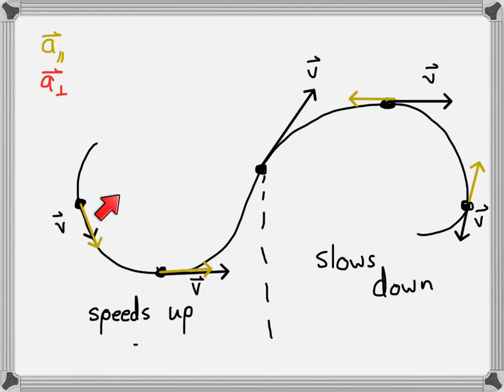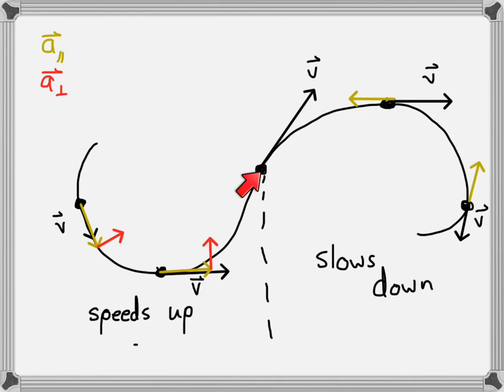So I point it this way, and then this way, because we are following a curved path that's curving in towards this center point right here. I've decided to connect these tail to tip because I want to add these two vectors together to get my total acceleration.